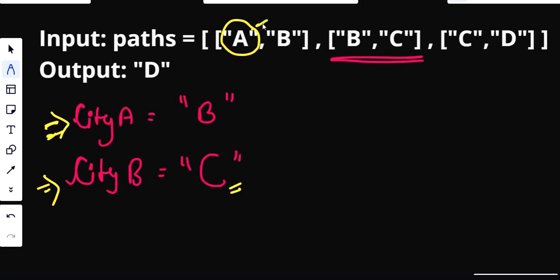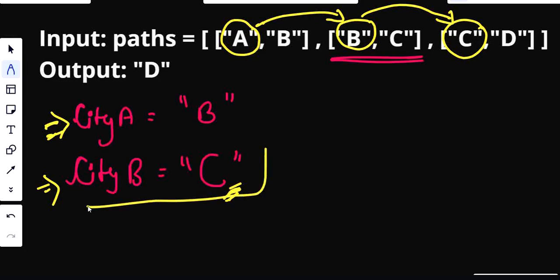No. Then I will go to this index. Is this city A equivalent to my city B? No. Then again I will go to this index. Is city A equivalent to my city B? Yes. So now I know that this city B is also not my destination because this is present as city A in some other path, right?